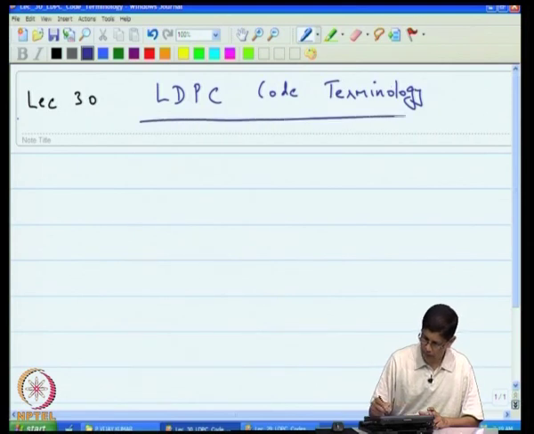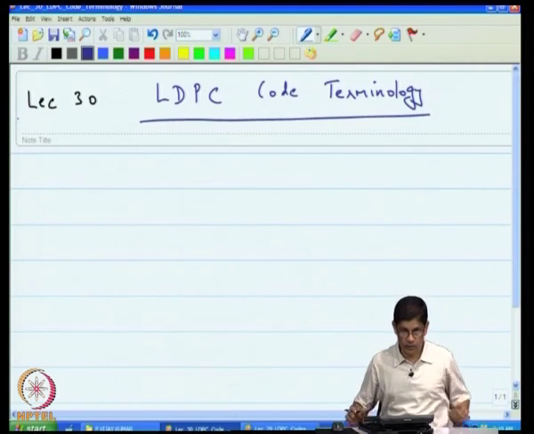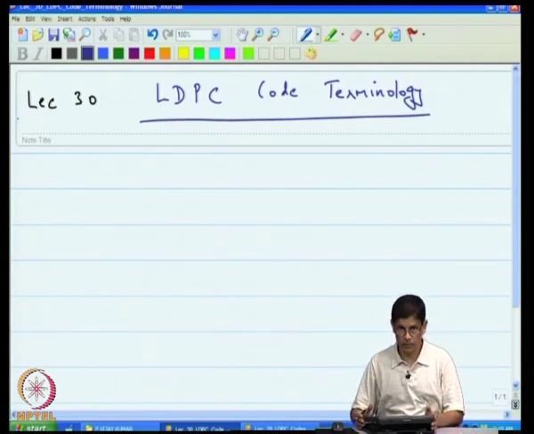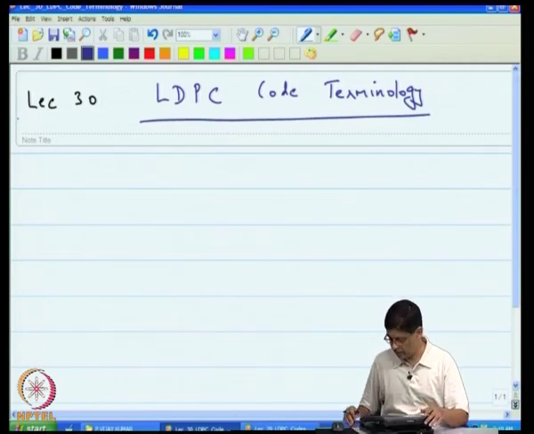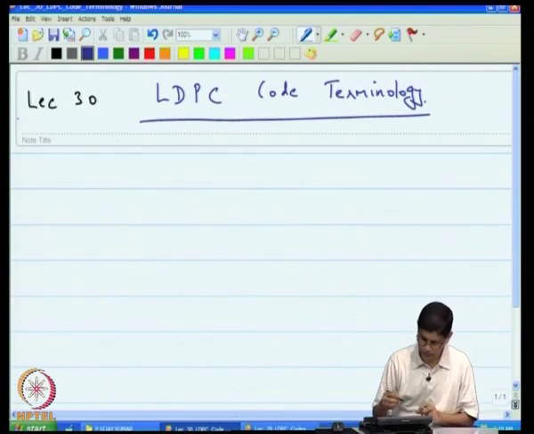Of course, we have already looked at some of the terms that we are going to come up with, but we will continue this because it will allow us to build up a vocabulary which we will need when we discuss the performance and method of operation of these codes.